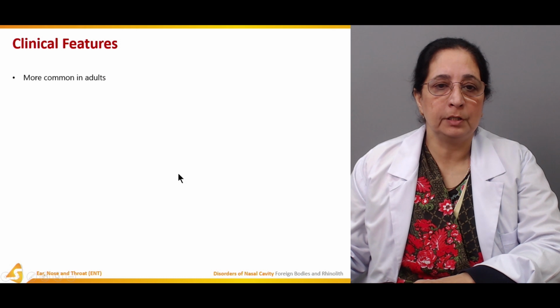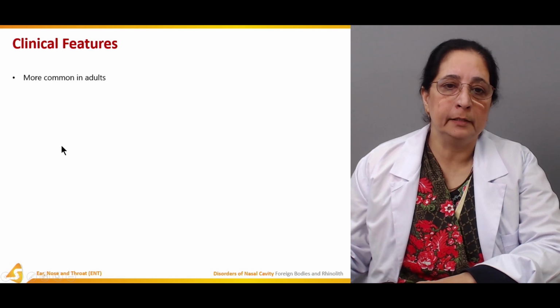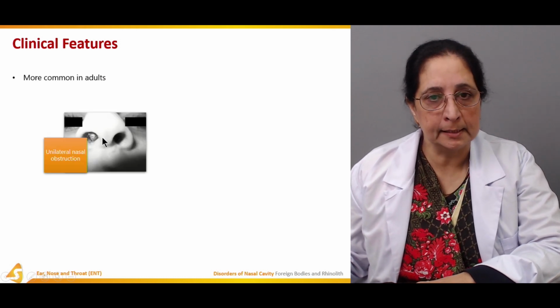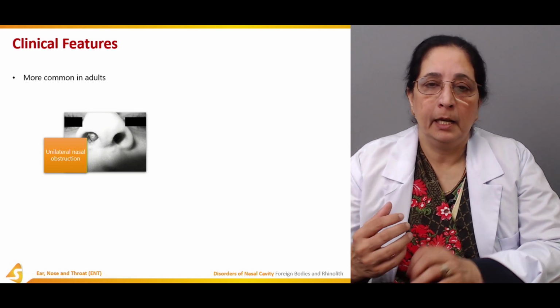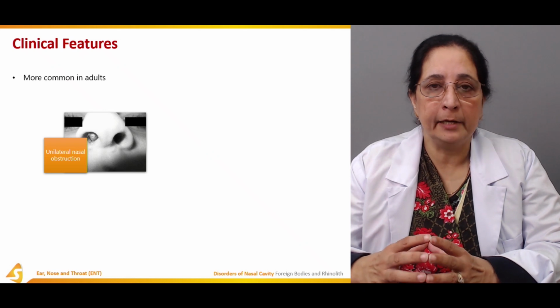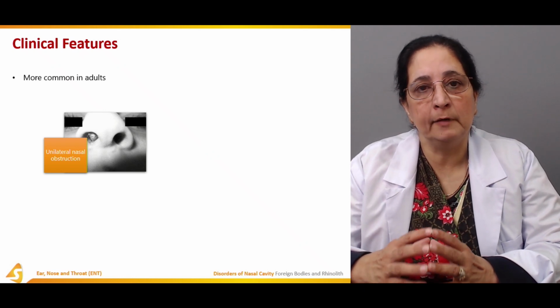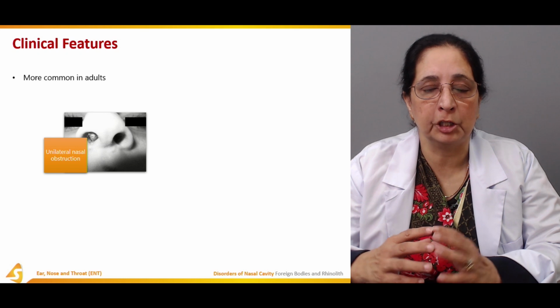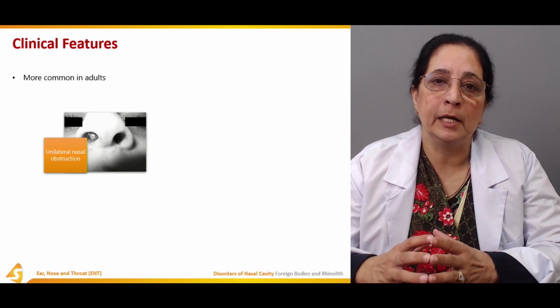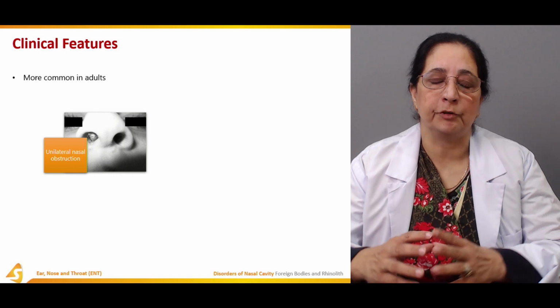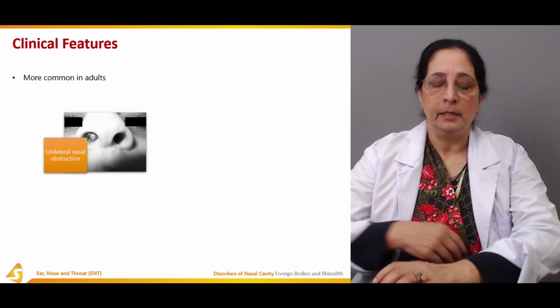Clinical features of the rhinolith: they are more common in adults. Unilateral nasal obstruction, if it's on one side of the nasal cavity, especially when it grows to a bigger mass. It can cause complete nasal obstruction and breathing will be difficult.